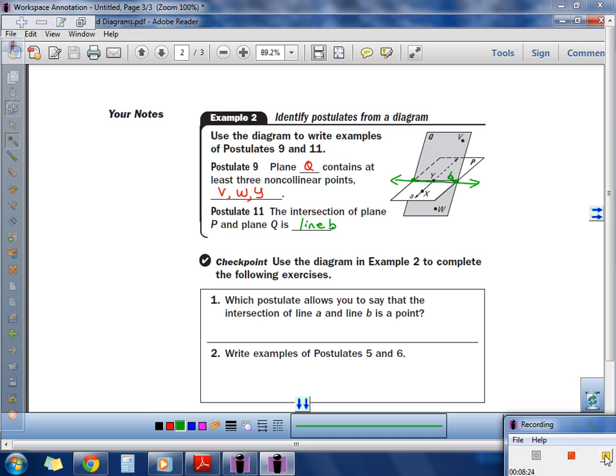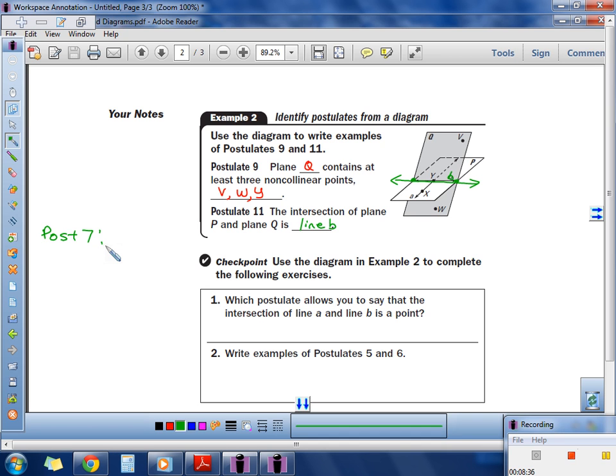On checkpoint number 1, it says, which postulate allows you to say that the intersection of line A and line B is a point? So I heard a lot of you say postulate number 7. I don't want you to just write postulate number 7. I want you to actually say what postulate 7 is.